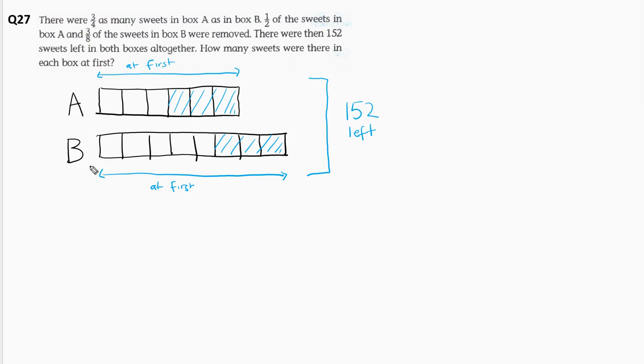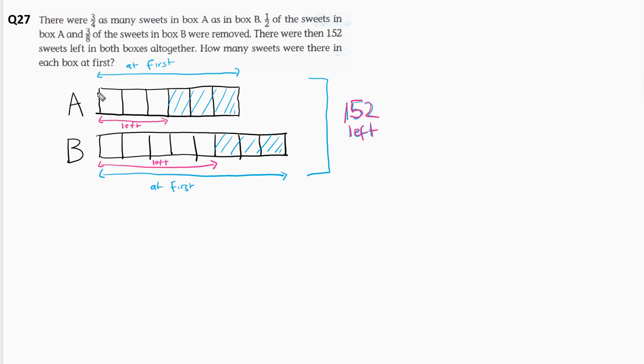I could do another arrow to show that this is what's left, and again, this is what's left. Maybe I'll do that in pink. So 152 are left. We've got a value of 152 sweets.